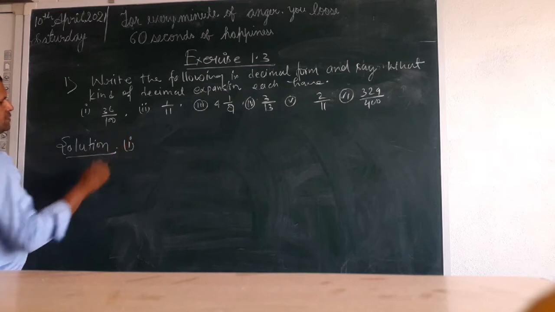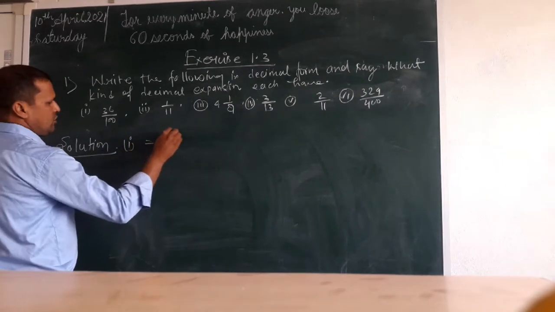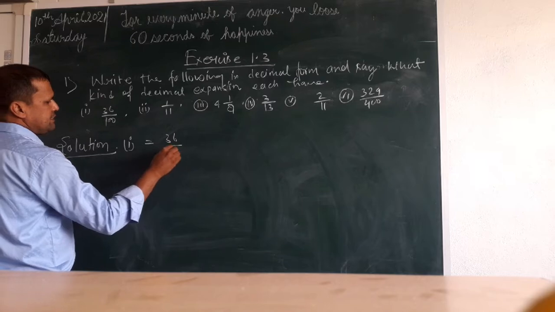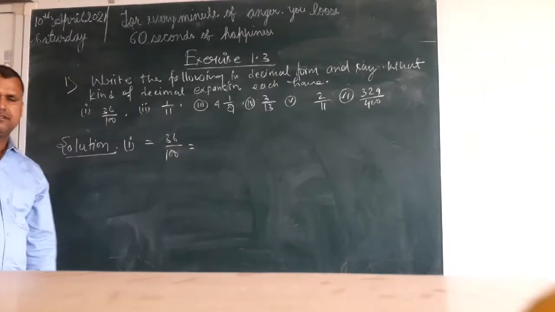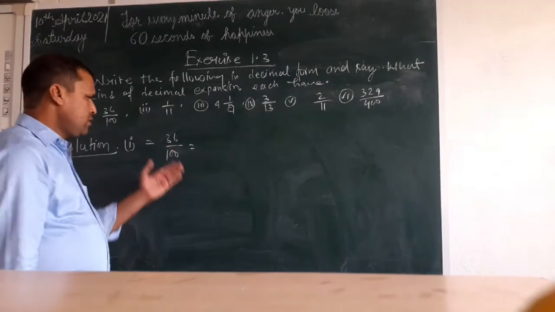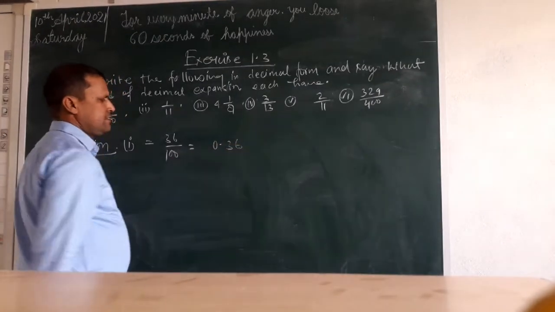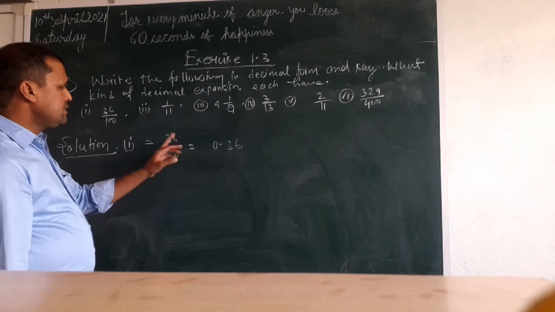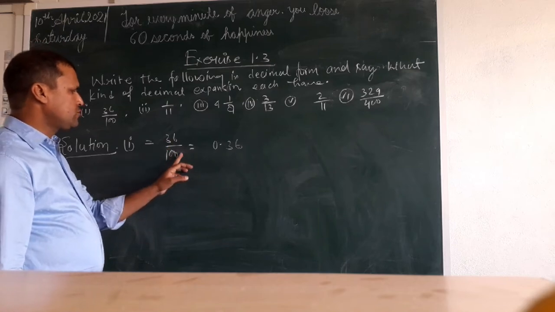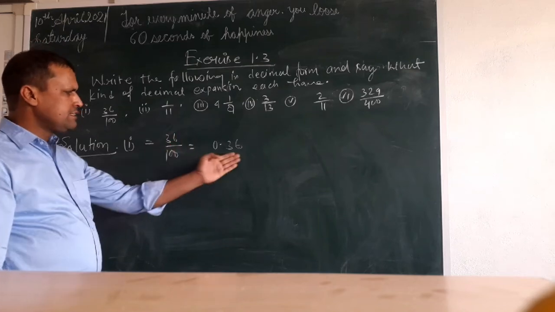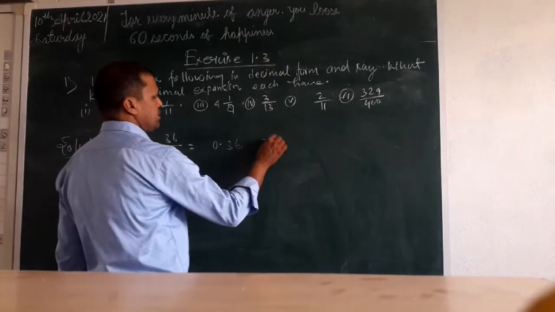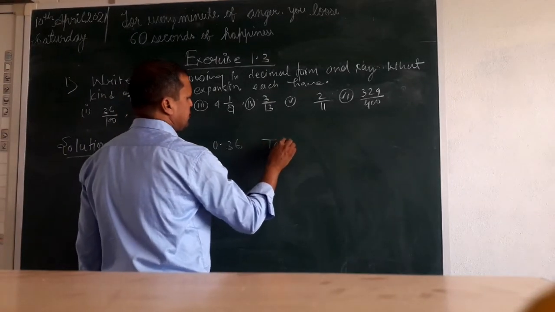Now the first one, dear student, 36 by 100. This can be written as 0.36. Since there are 2 digits in the denominator, we put the decimal after 2 digits, and this number is a terminating number.